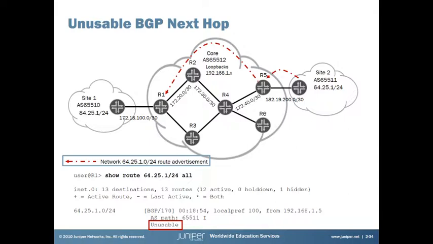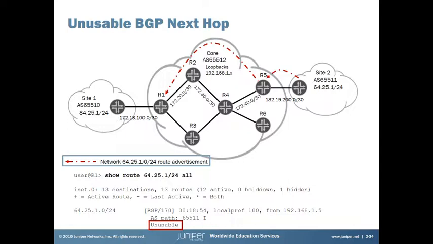So route resolution on BGP is something that we just need to get our heads around, and we're going to look at this when we do our lab. We've got a route coming in from site 2. That route is advertised to R5 as an external BGP route, and it's going to be re-advertised by R5 to R1 as an internal BGP route.